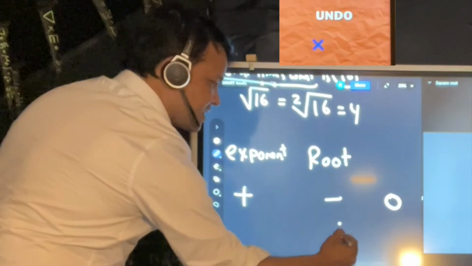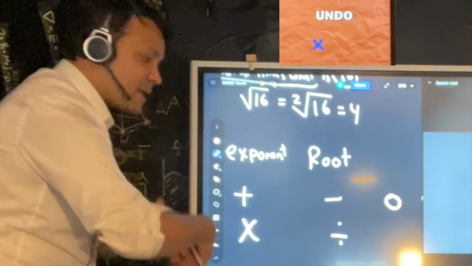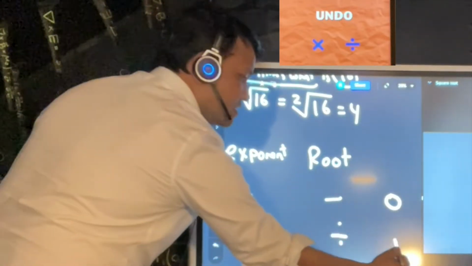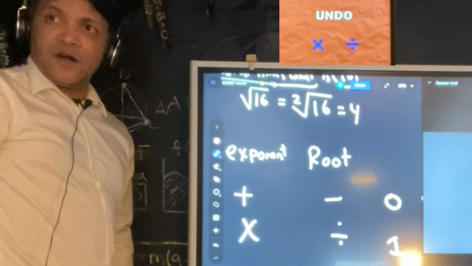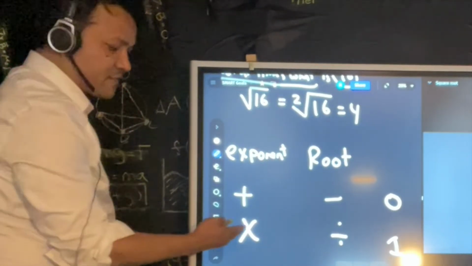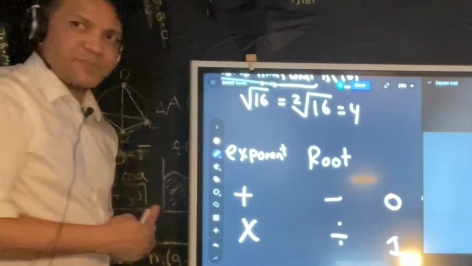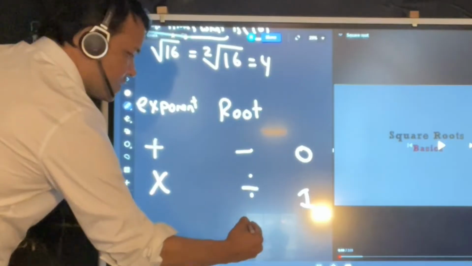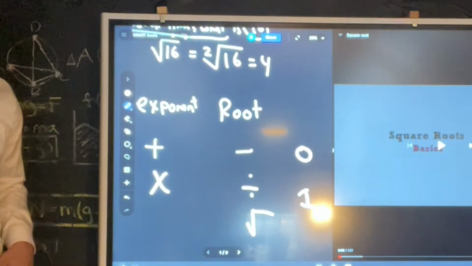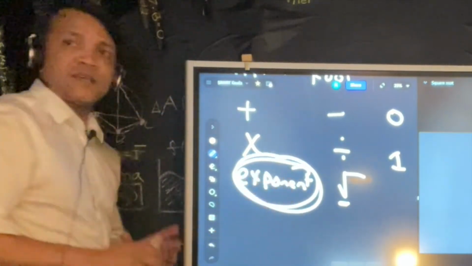And division is the inverse operation for multiplication because division can spit out the identity. So square root is the inverse operation for the exponent.